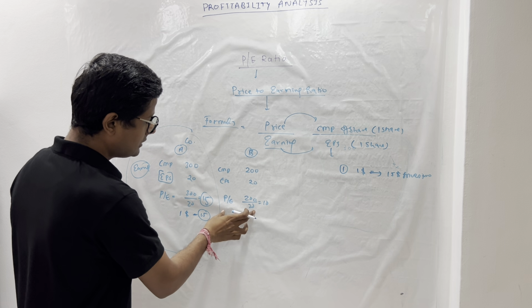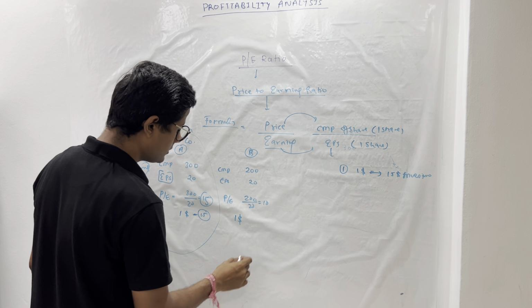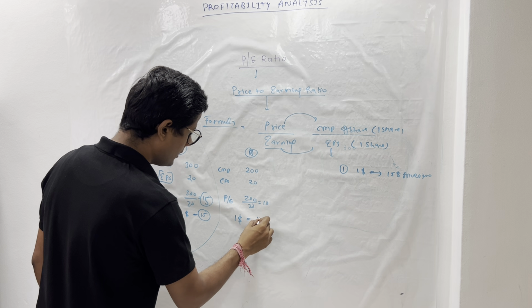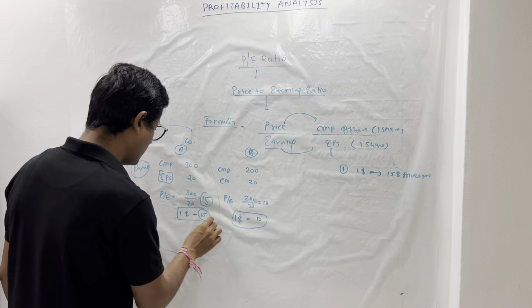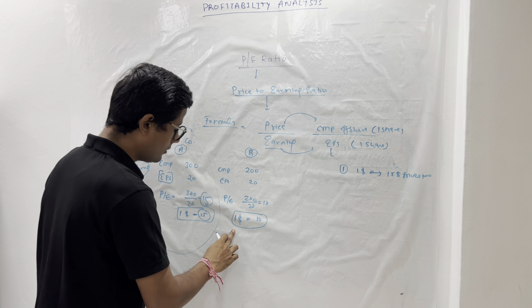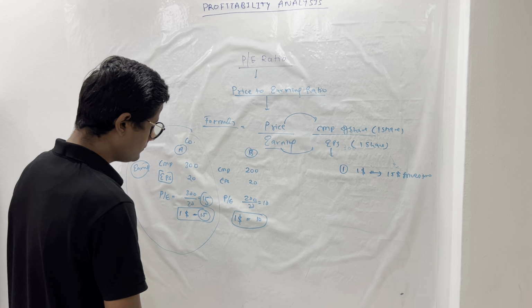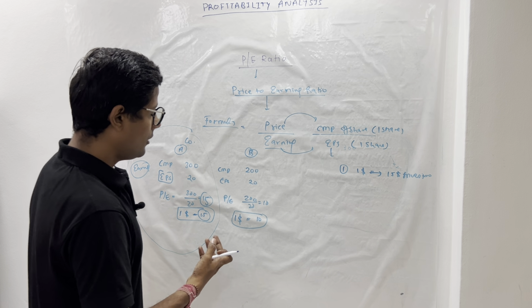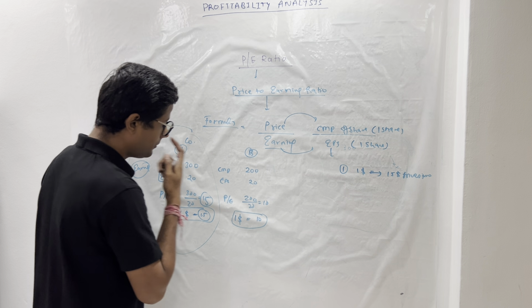Since its PE multiple is 10, it means in order to earn $1 in this company, I need to invest $10. In order to earn $1 in company A, $15 needs to be invested; here, just $10. So this has a higher PE multiple and this has a lower PE multiple, right?